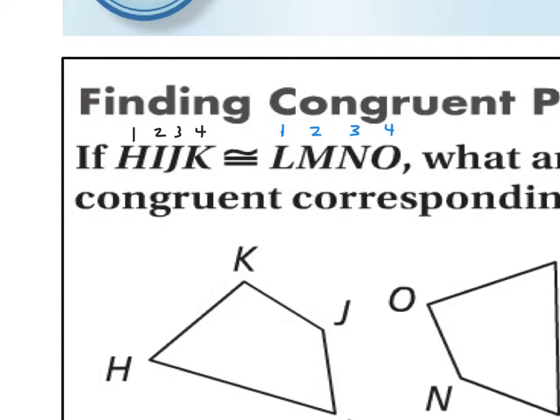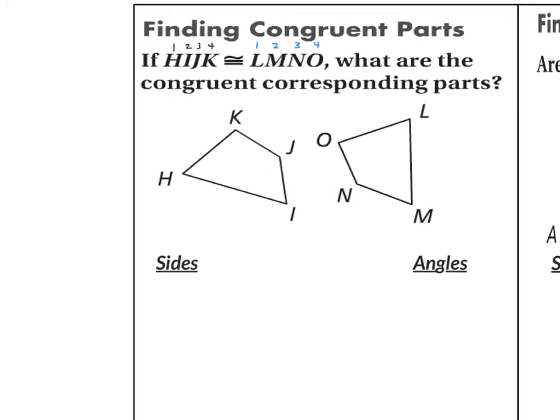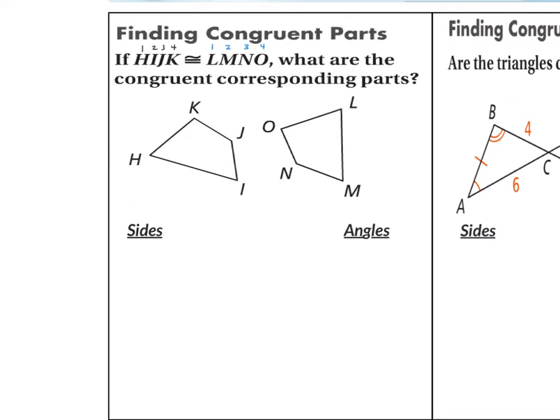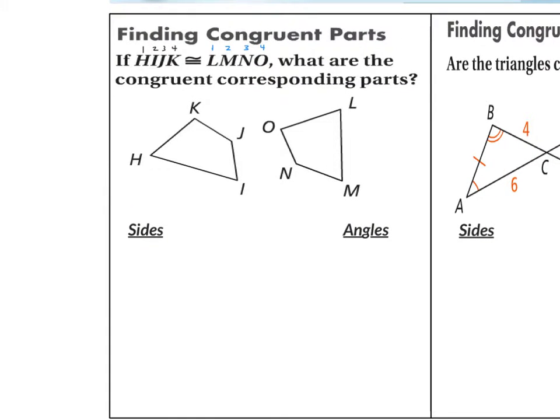Okay, so now I want to match up my sides. As a matter of fact, let's start with angles. Angles are always the easiest. So let's go angle H. Angle H is going to be congruent to, and angle H, you notice, is in position 1.